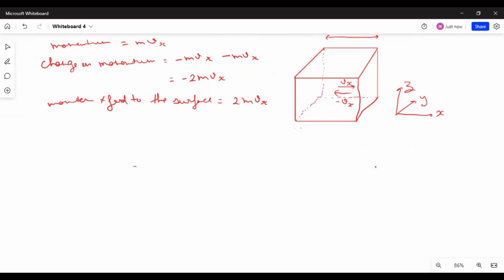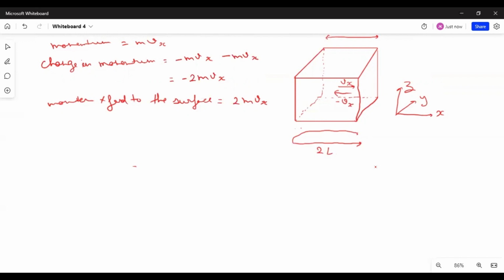Now an interesting thing to notice is that when the electron reaches the surface, it will be reflected back, and from the opposite surface it will again reflect, so it will come back to this surface after traveling 2L of distance.